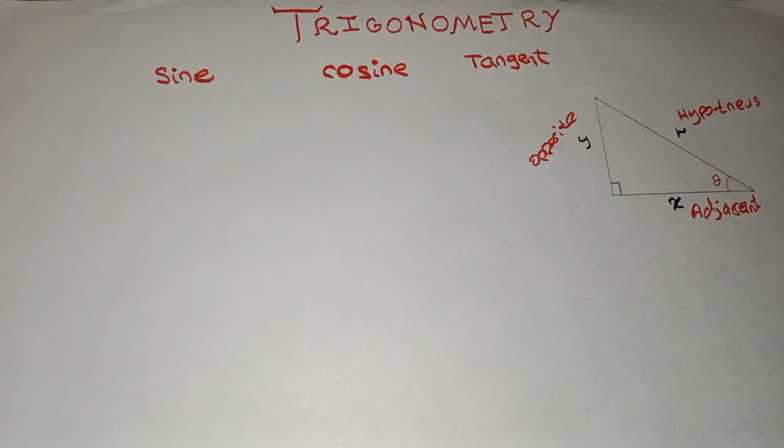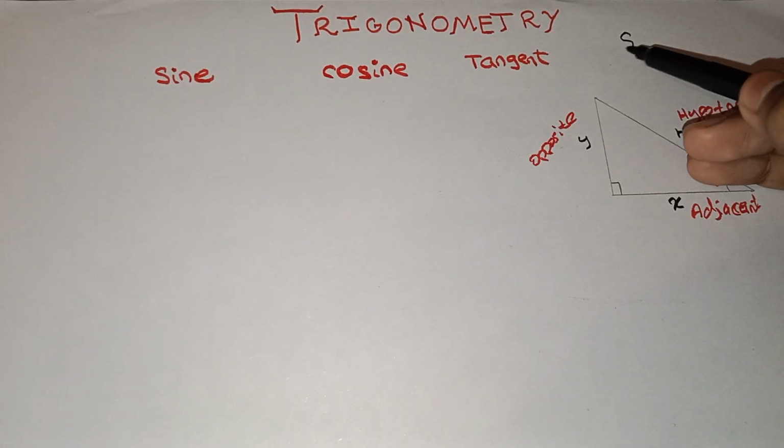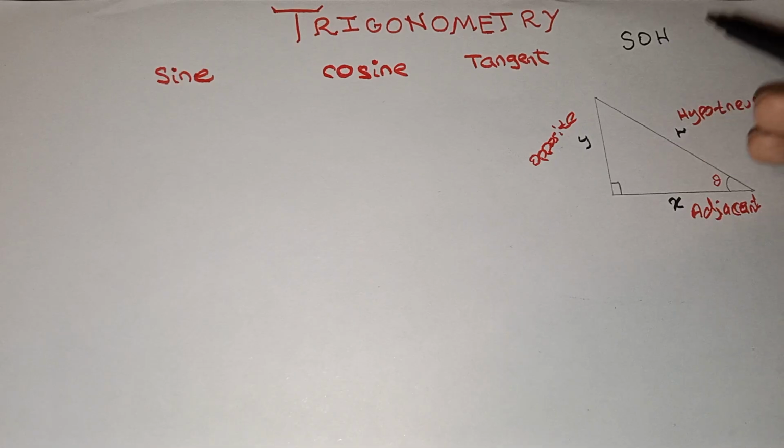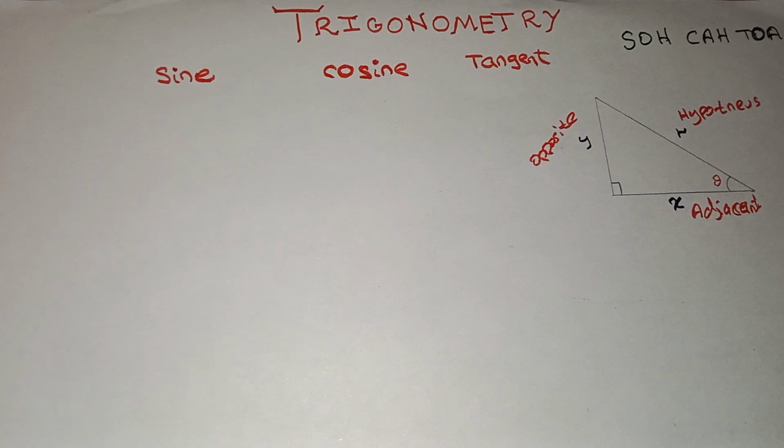So the mnemonic of the trigonometric ratios, if you have learned it, is SOHCAHTOA. Now, what does SOHCAHTOA stand for?